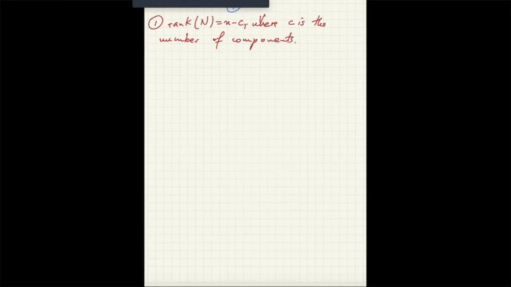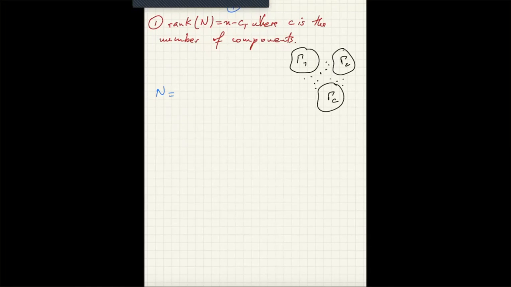Now, here's the thing. If we have, let's say, gamma 1, gamma 2, up to gamma C as our components, then we have no edges between them. In N, I can label the vertices and the edges a certain way, but I can rearrange the rows and the columns.